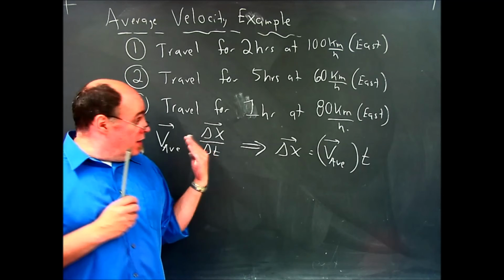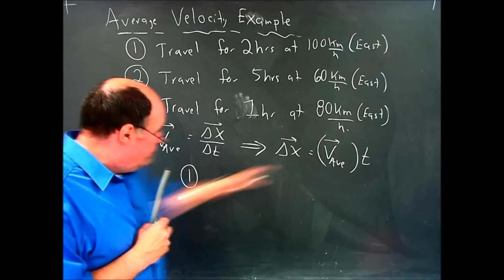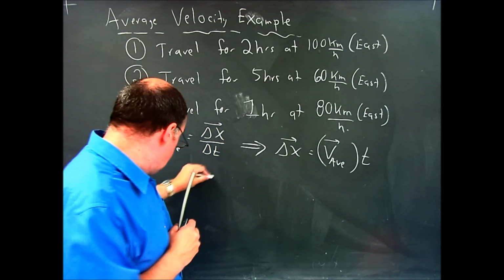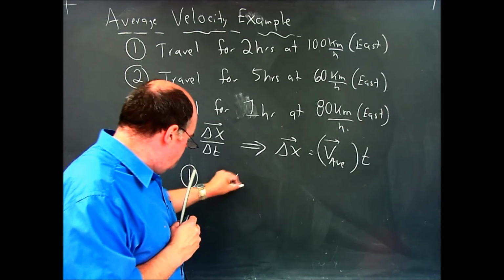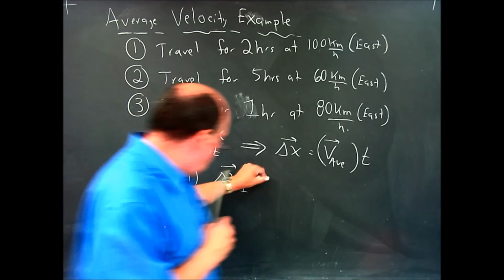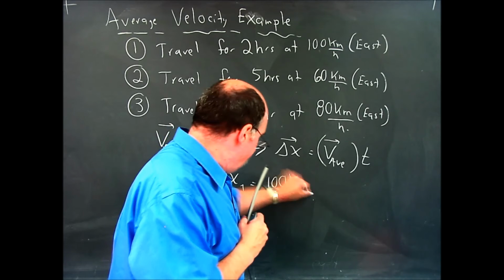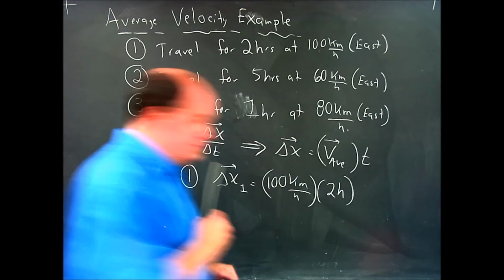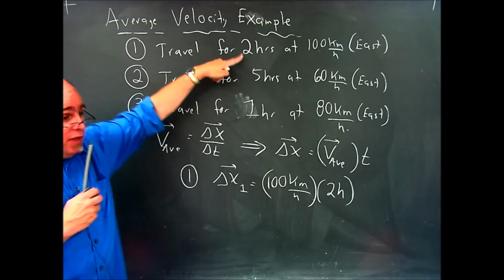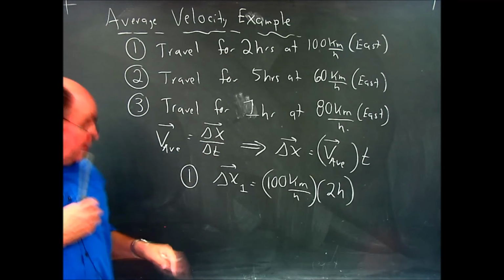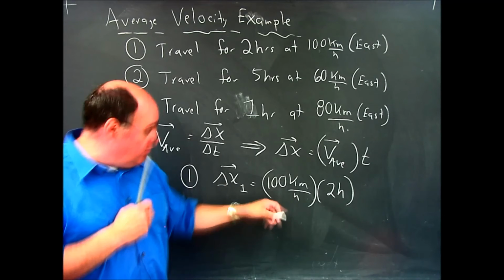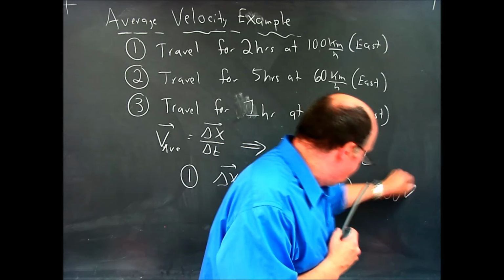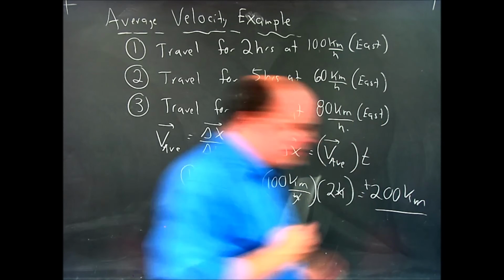So, for the first part of my trip, my average velocity was 100 kilometers an hour. So delta x for the first part is going to be 100 kilometers an hour times 2 hours. If I multiply these two numbers together, the unit of h cancels out, and I'm left with 200 kilometers. And it's plus 200 because it's going to the east.